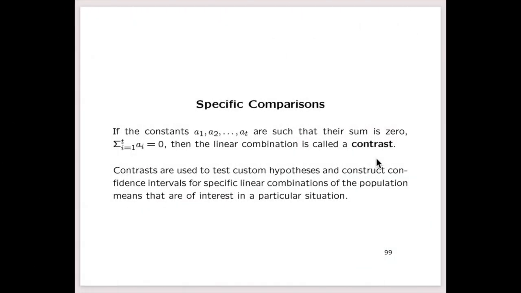Now, if the constants a1, a2, and so forth up to a sub t are such that their sum is 0, then the linear combination that results from using those as the coefficients is called a contrast. And contrasts are used to test custom hypotheses and construct confidence intervals for specific linear combinations of the population means that are of interest in a particular situation.